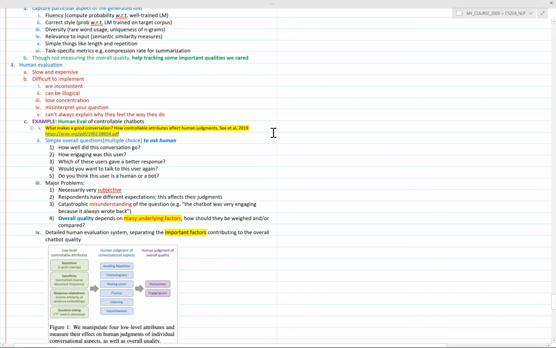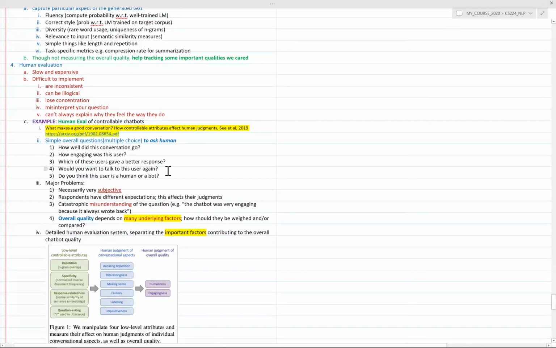It is saying that there are several good questions to ask human beings to evaluate how that model works. The first one is how do you find this conversation goal and the engagedness to the user, and also the following problems.